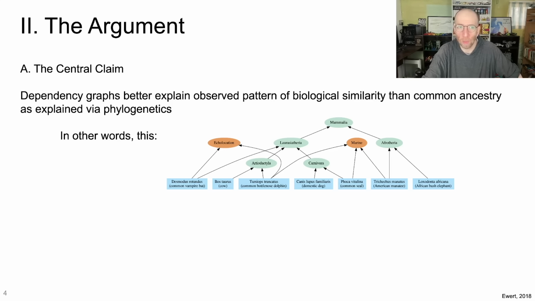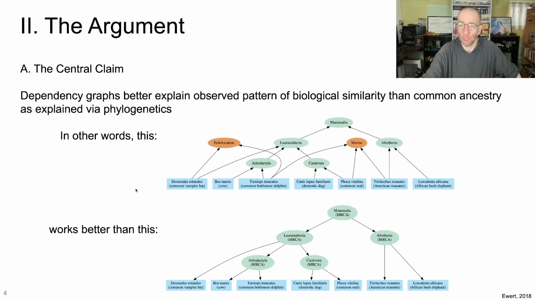Okay, so in other words, this type of representation, which is a dependency graph from the 2018 article we're going to talk about in a few minutes, this type of representation does a better job explaining the biodiversity of these groups than this, a phylogeny. So in a phylogenetic tree, you have your common ancestors, which are represented by nodes, and then you have your descendants from those common ancestors. So here we have nodes representing common ancestors, or MRCA, most recent common ancestor, and we have all the descendant species here.